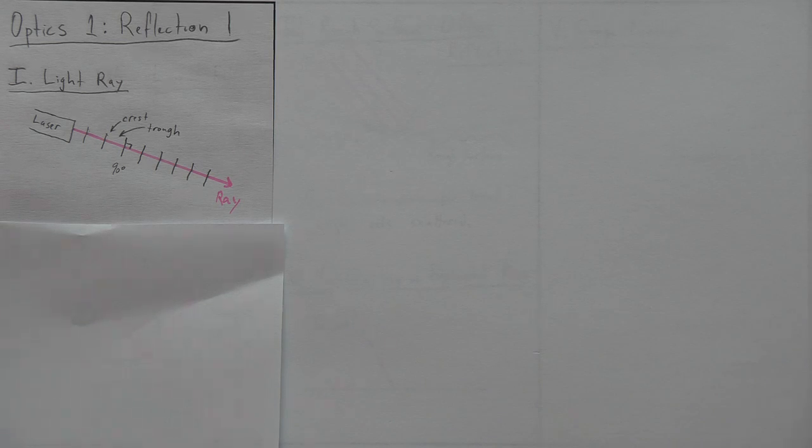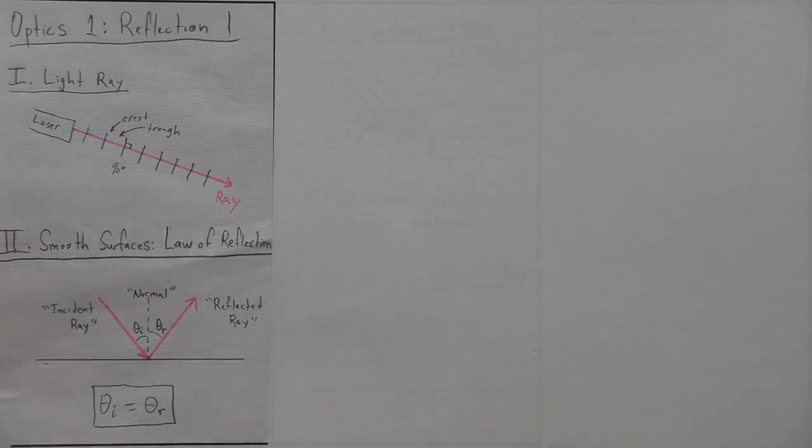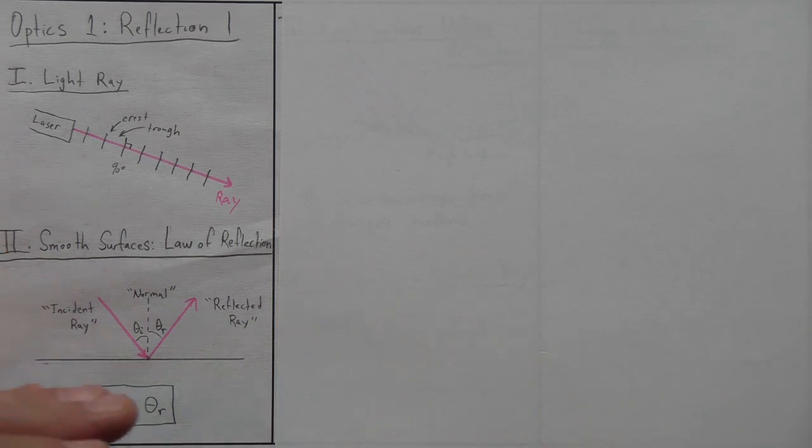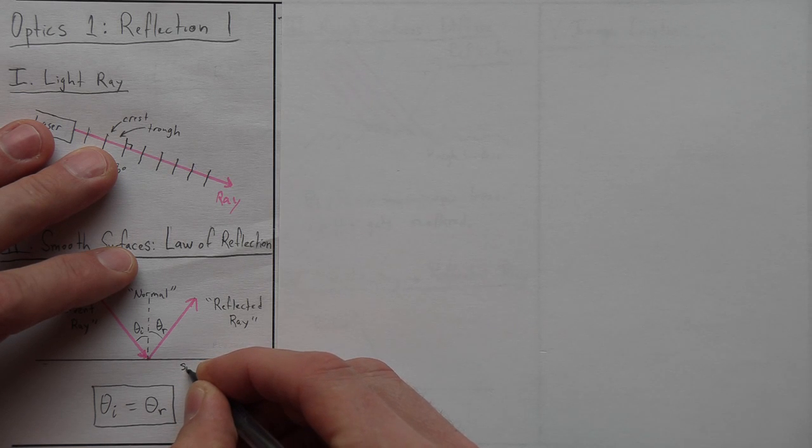Okay, so now light, one of the things that it does is when it encounters a smooth surface, it reflects according to the law of reflection. So here, maybe I'm shining a laser at a smooth surface. This is a smooth surface.